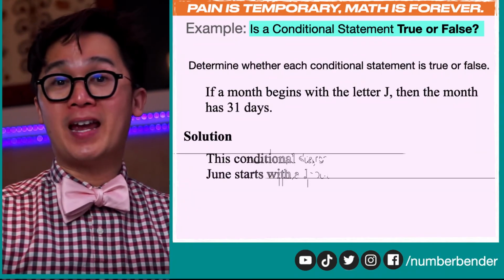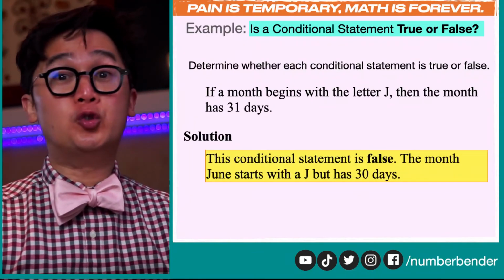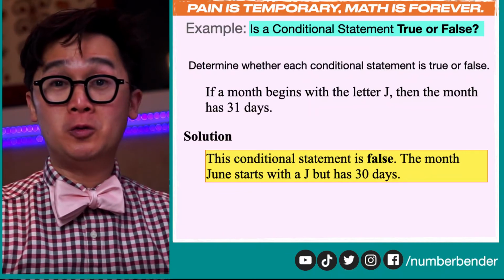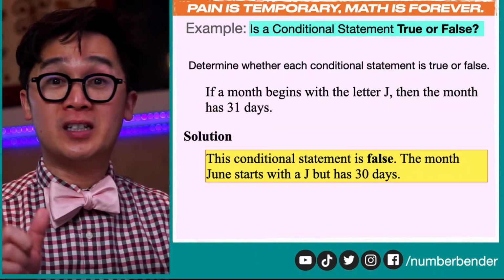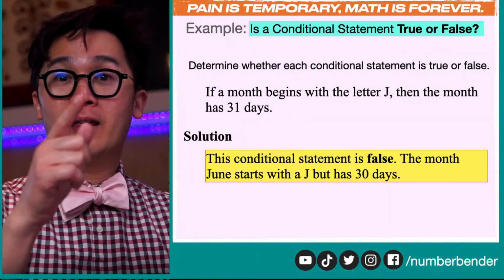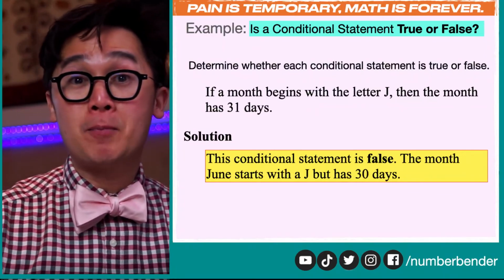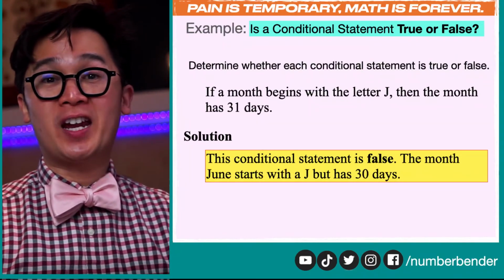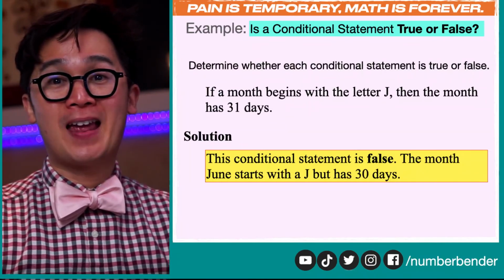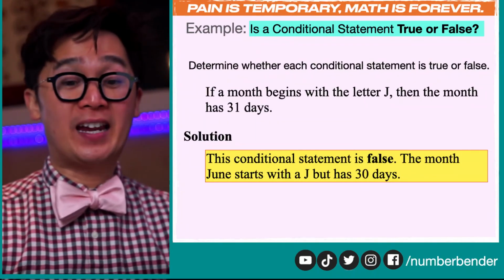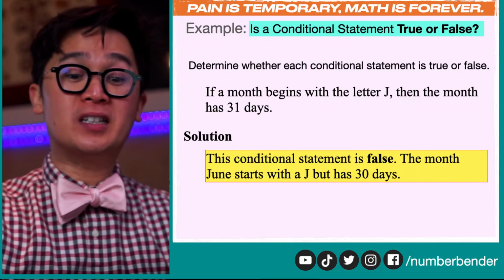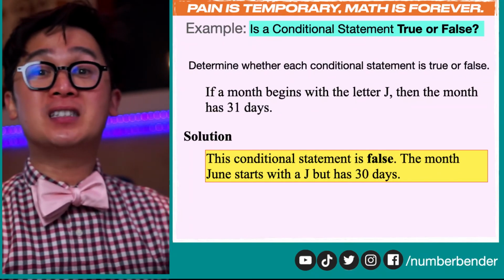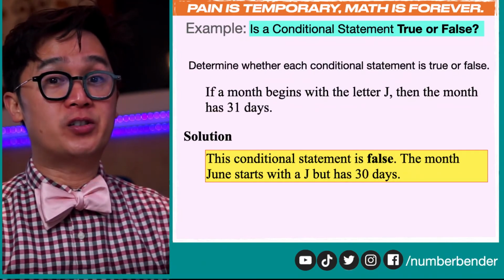I'll give you one, and that is the month June, because June starts with the letter J, which makes the hypothesis true, but June has only 30 days. So that means the conclusion is false, and this particular statement is also false.